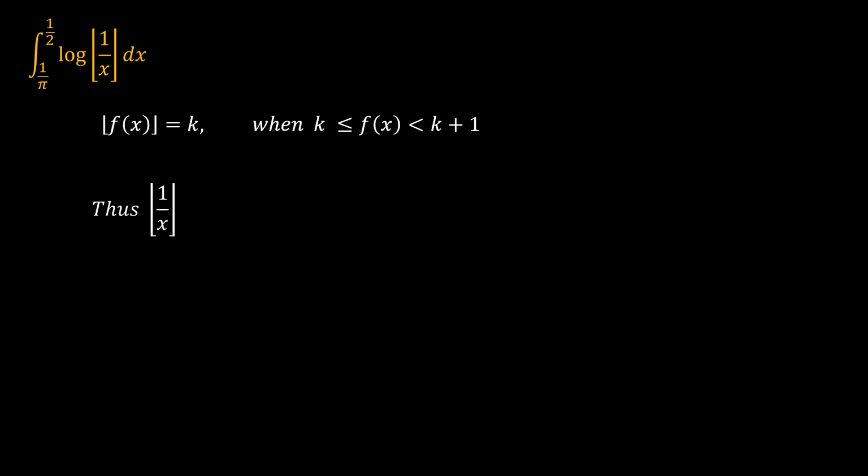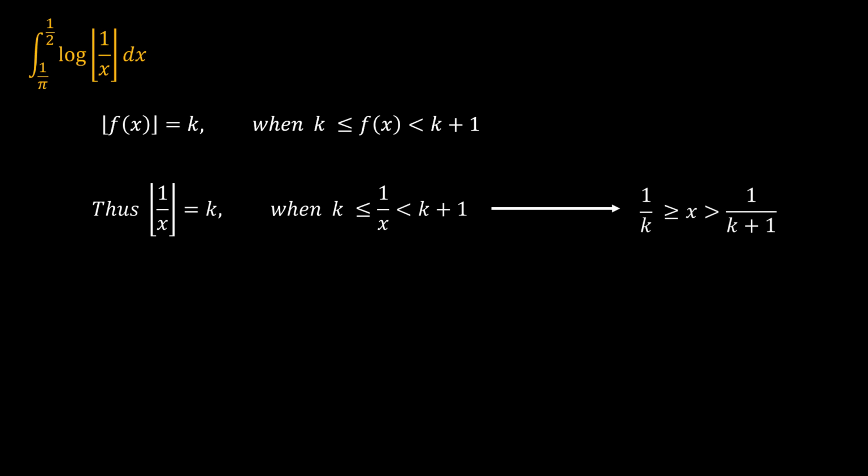Now, what about for 1 over x? So the floor of 1 over x is equal to k when 1 over x is greater than or equal to k, and less than k plus 1. What that means is that when we now get the reciprocal, when 1 over k is greater than or equal to x, and x is greater than 1 over k plus 1, in that interval, the floor function of 1 over x is equal to k.